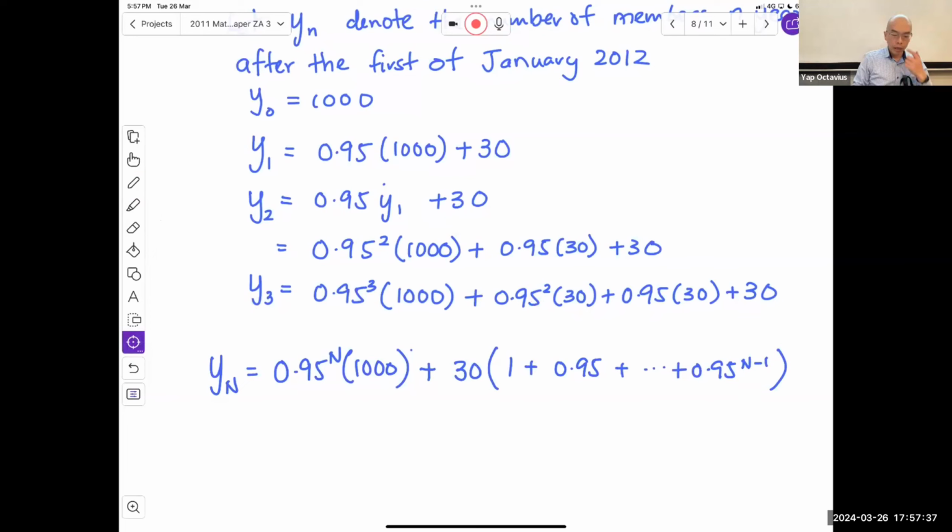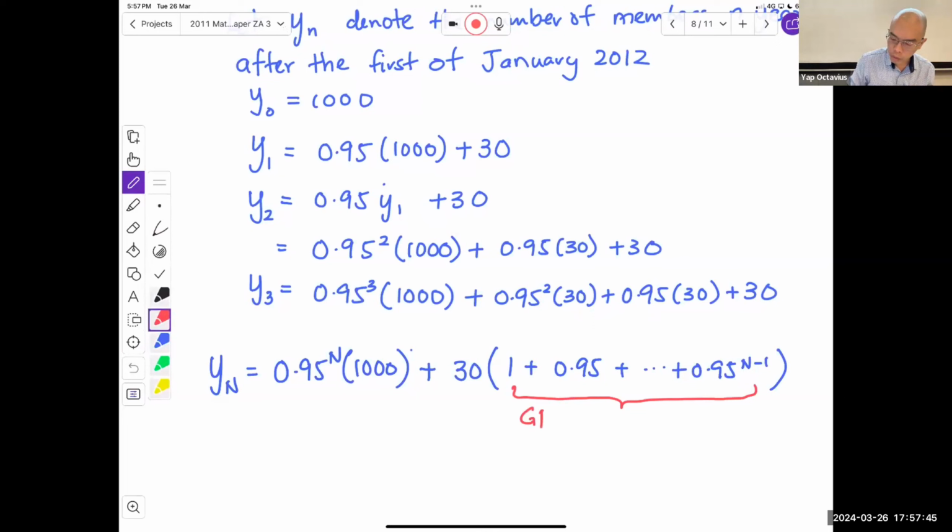So then we'll tell them that this is a GP. For a GP, we need 3 things: the first term, the common ratio, and the number of terms. Usually for you, the number of terms is the problem.